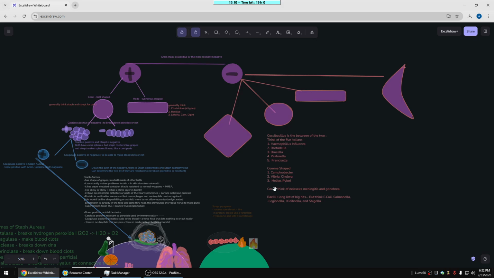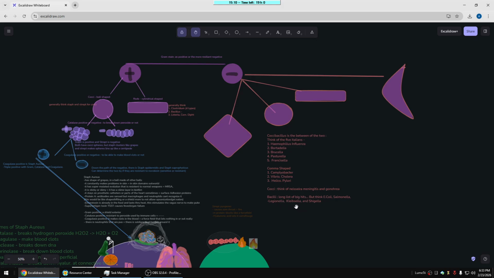And in cocci, so the ball shaped, what you think of is the same as Staph aureus. It has a few, but there's Neisseria meningitidis and Neisseria gonorrhoeae, and Neisseria is what will get you a lot for the ball shaped, cocci shaped. And for bacilli, the rod shape, this is a really long list of different high yield ones, but the big hits are E. coli, Salmonella, Legionella, Klebsiella, and Shigella.